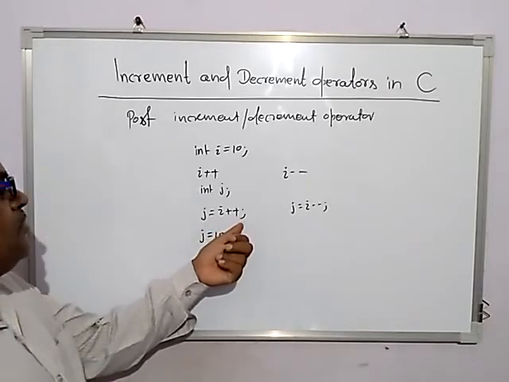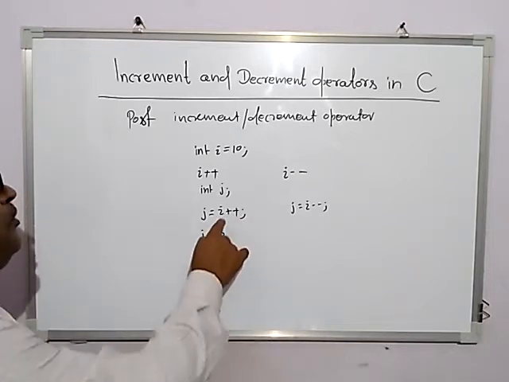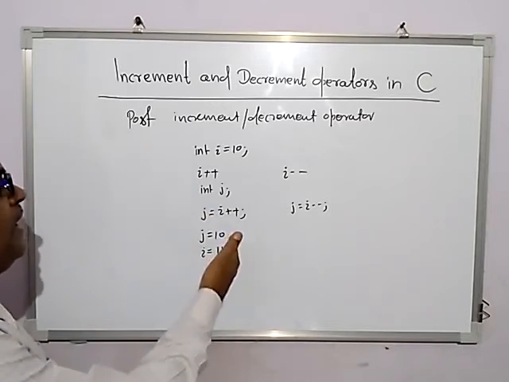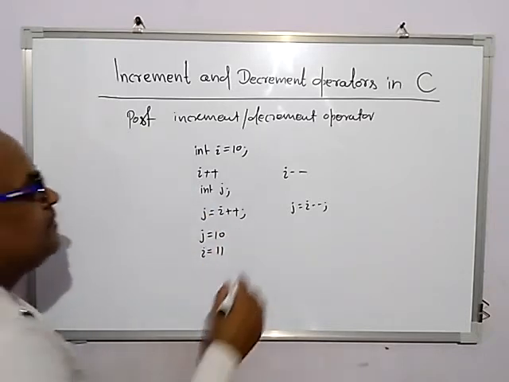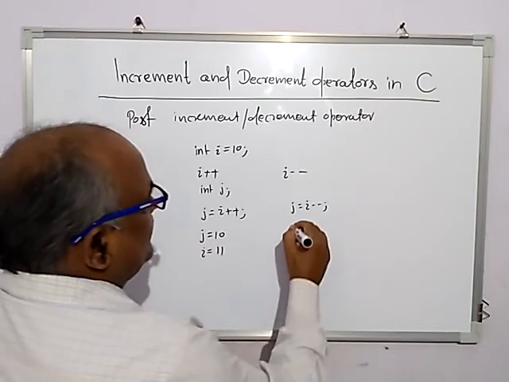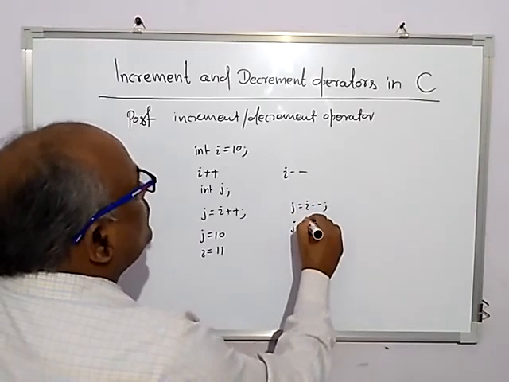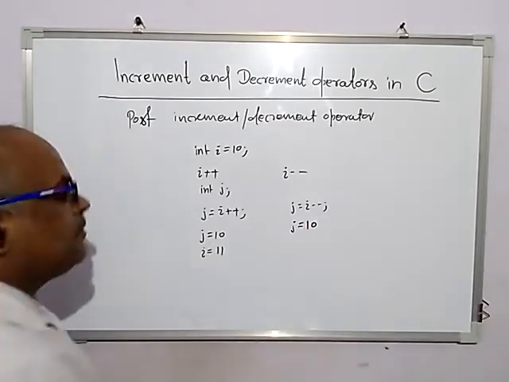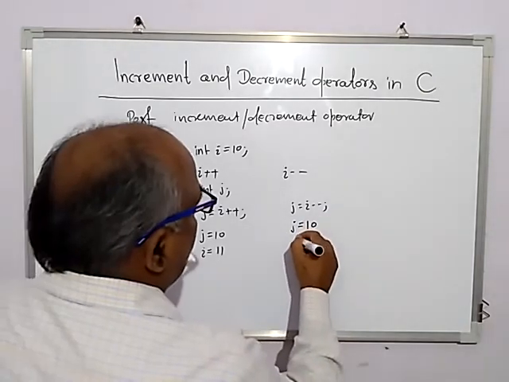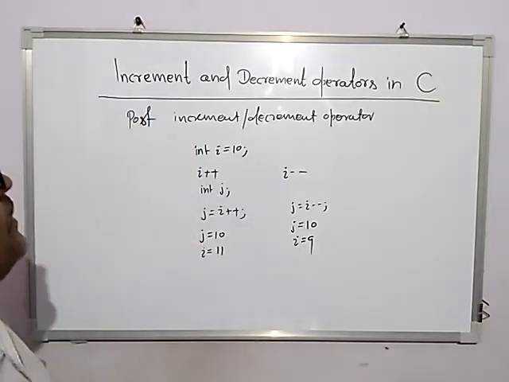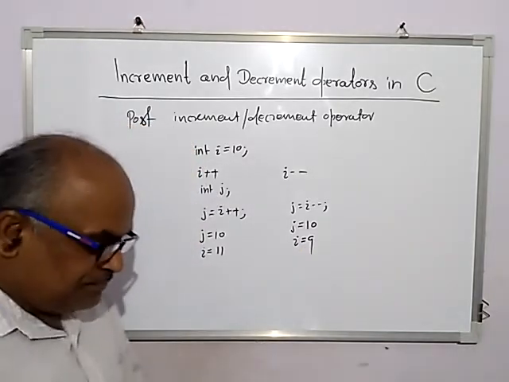So j equal to i++ means first the value of i is used by j, that is j assigns the value of i, after that i increases. Similarly, j equal to i-- means first the i value is assigned to j, that means j equal to 10, then the value of i is decreased by 1, so i equal to 9. So this is the post increment or decrement operator.